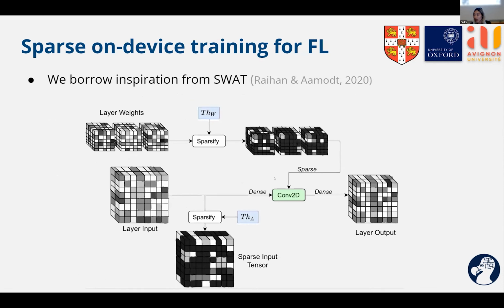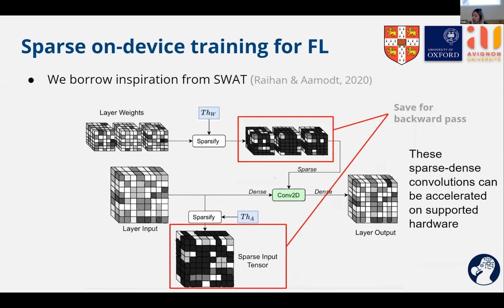For the on-device sparse training, we adapt the SWOT method into the training. SWOT consists of two parts. The first part is in the forward pass, where we partition the weights into active and non-active sets based on magnitude. Then in the backward pass, we use dense gradients, and partition the weights and activations into active and non-active based on magnitudes again.